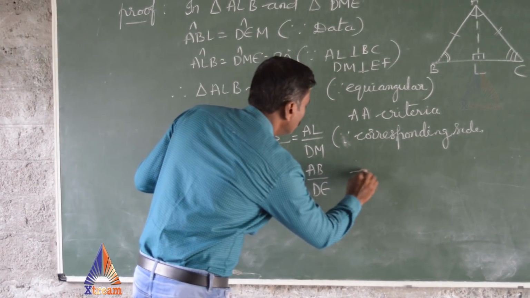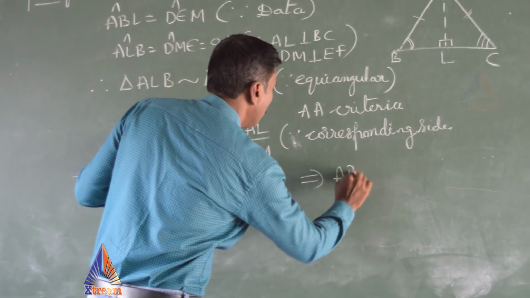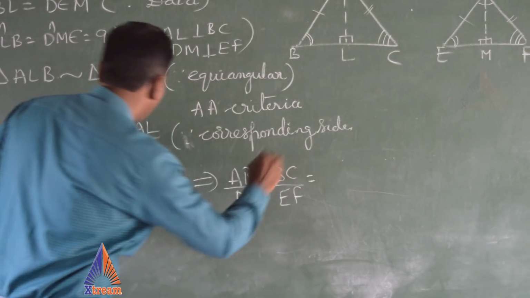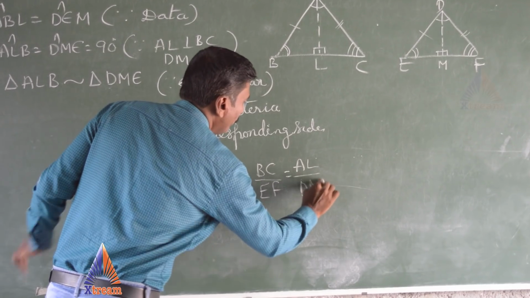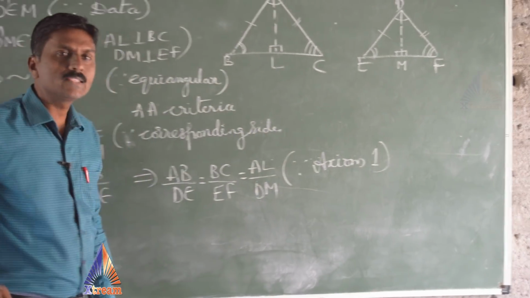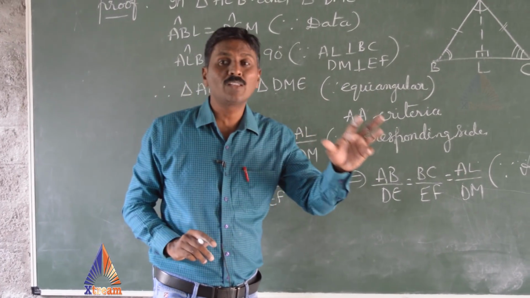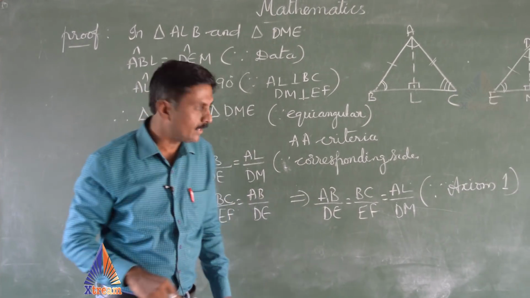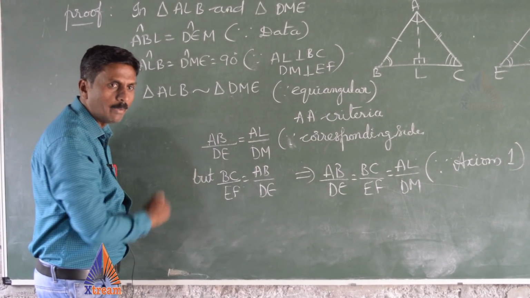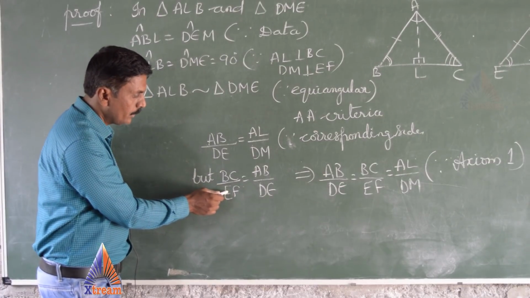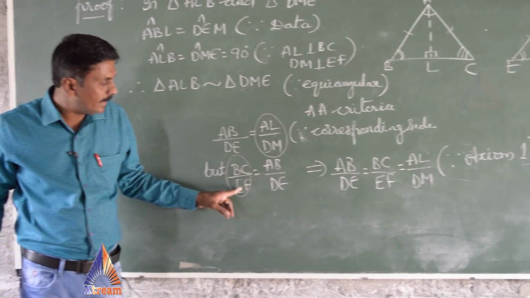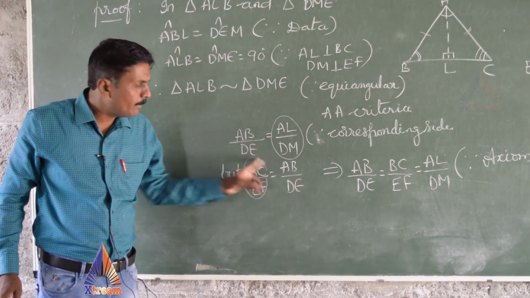Now AB by DE is equal to BC by EF is equal to AL by DM, because Axiom 1. What Axiom 1 says? Things equal to the same thing are equal to one another. Look at this. AL by DM is equal to AB by DE, and BC by EF is equal to AB by DE.